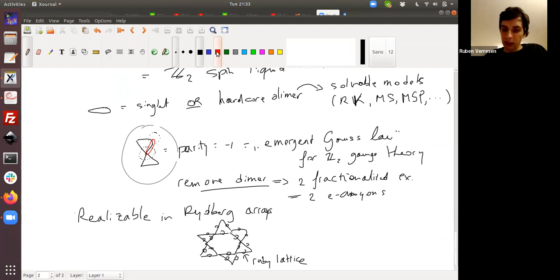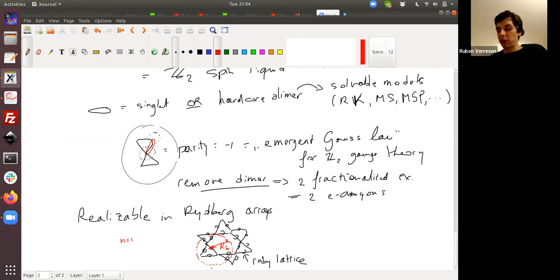So let me just draw. Suppose that this atom is occupied, if you wish, right? So n equals 1. If the interactions are large enough to cover this disk, which is called the blockade radius, R_B, then all the other 6 hardcore bosons are prevented from being occupied.